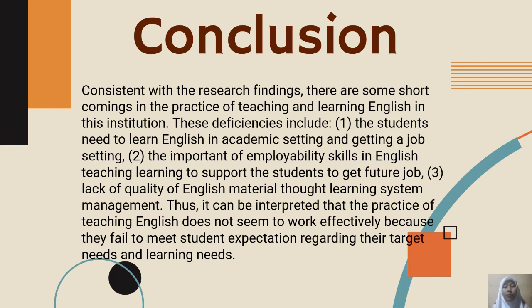Second, the importance of employability skill in English teaching and learning to support the student to get a future job. And third, lack of quality of English material through the learning management system. Thus, it can be interpreted that the practice of teaching English does not seem to work effectively because it fails to meet student expectations regarding their target needs and learning needs.